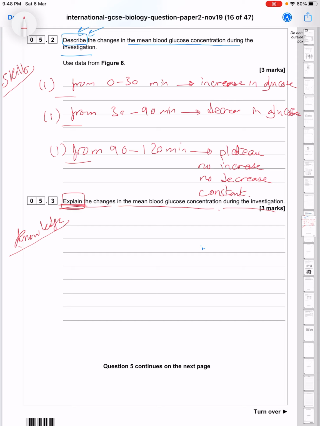So why was there an increase in the glucose at the very beginning, from 0 to 30 minutes?